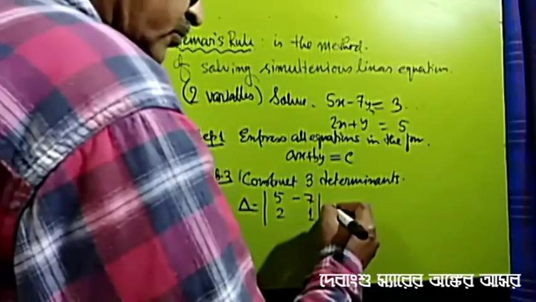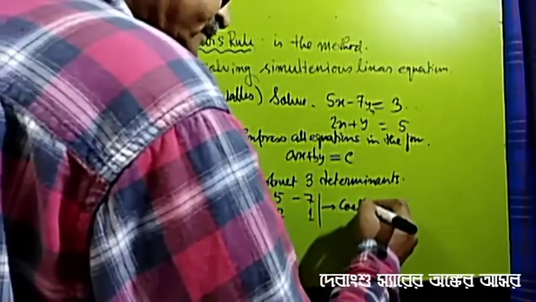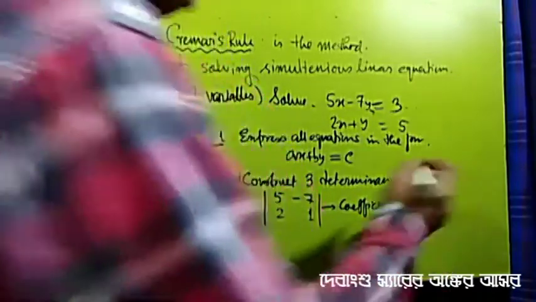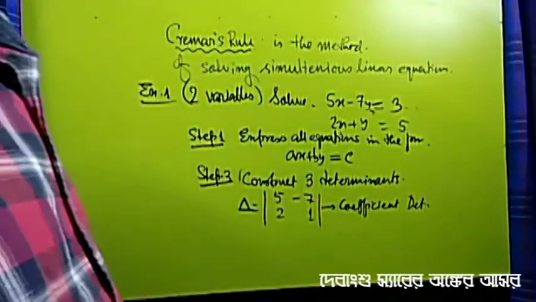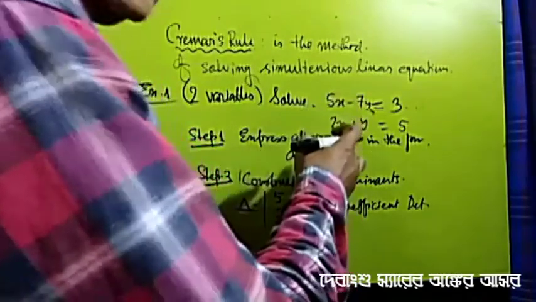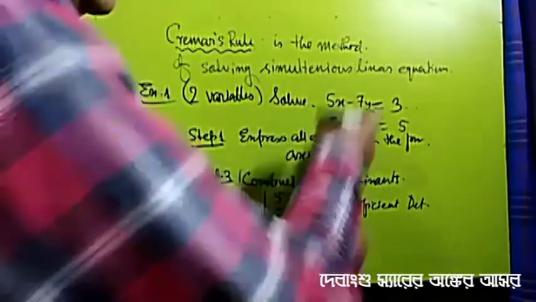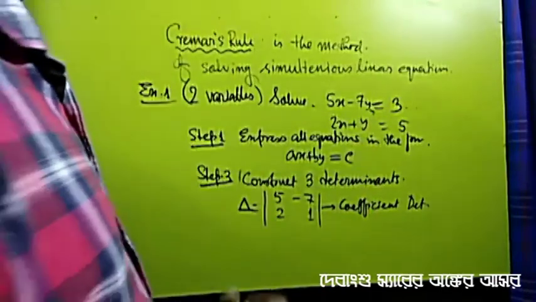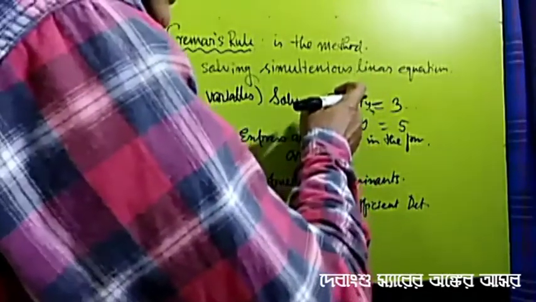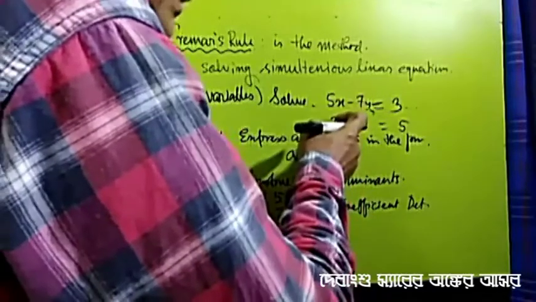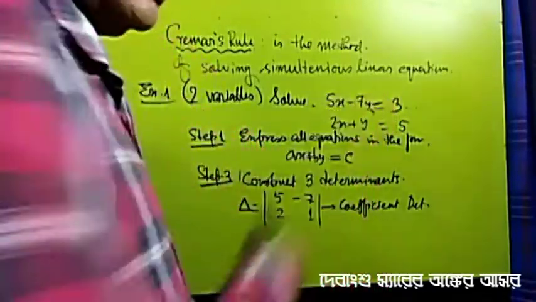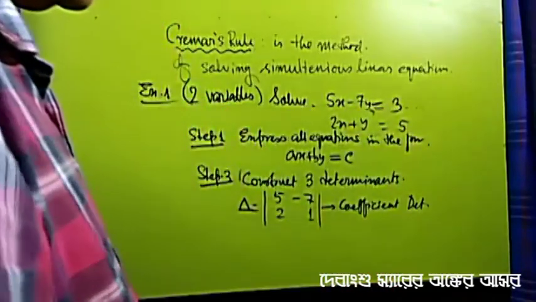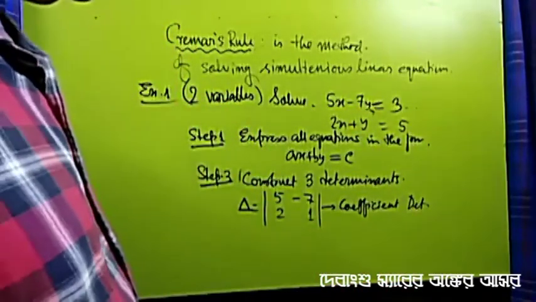This is called the coefficient determinant. That is, the coefficients of x form the first column, the coefficients of y form the second column. That's why it is important to write x below x, y below y. So don't mix this up. This is called the coefficient determinant.